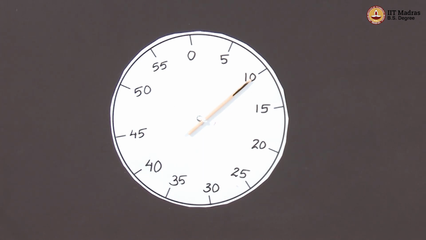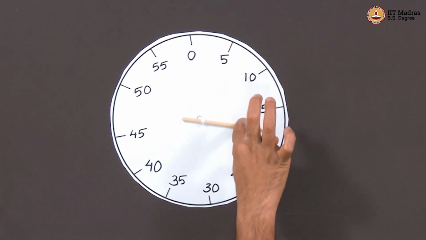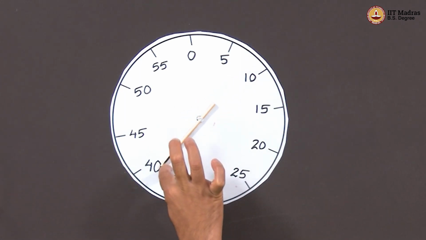What we are doing here is arithmetic with numbers, but we are only keeping track of the remainders we get when we divide by 60. We have forgotten the hour; we are only remembering the minutes. For instance, to 10, if you add another 30, then 10 plus 30 is 40, which is also the 40-minute mark.